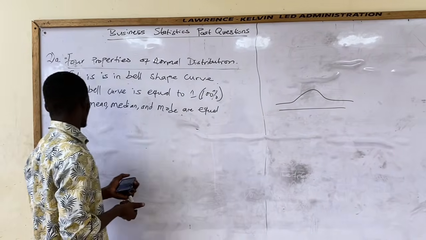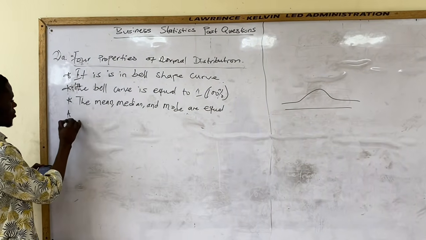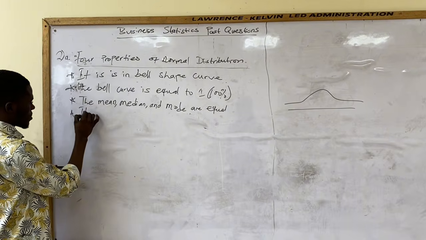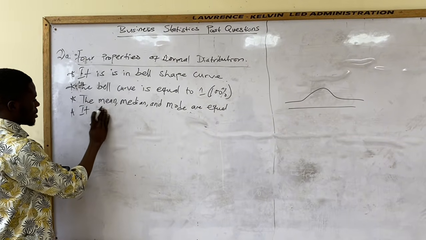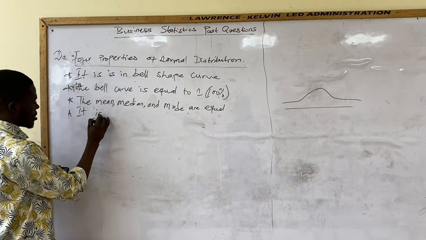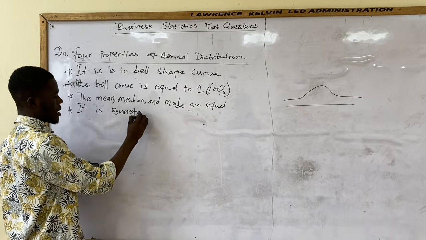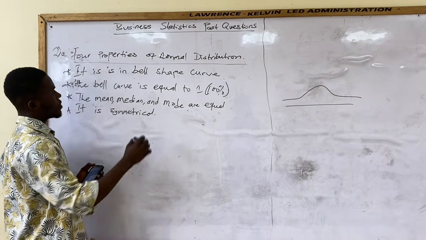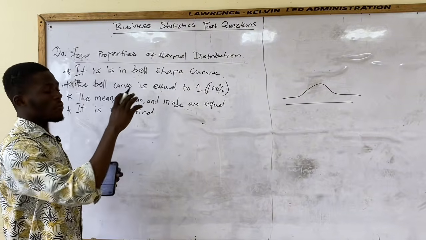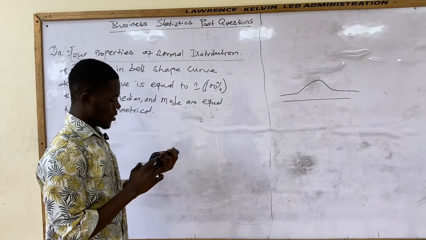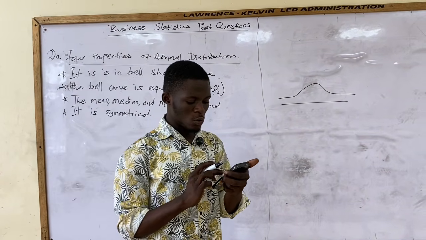So the final property is that it is symmetrical. So these are the 4 properties of the normal distribution. Okay, now let's move on to the B.